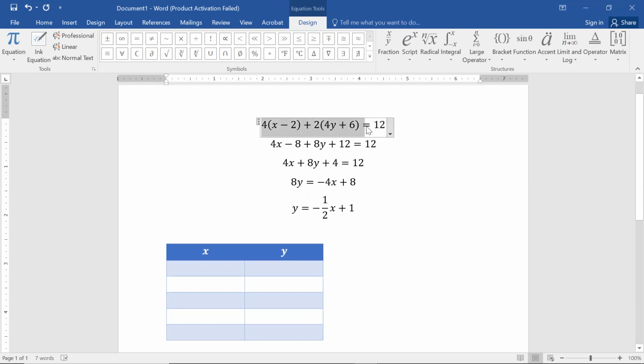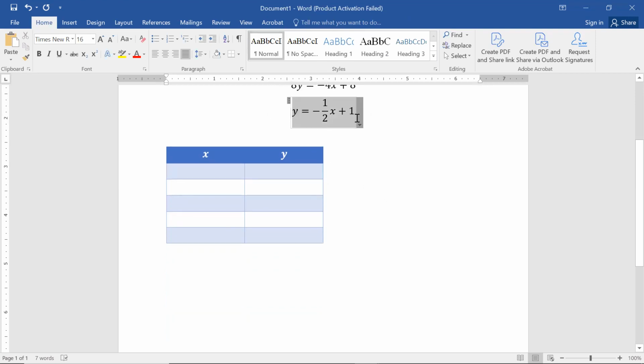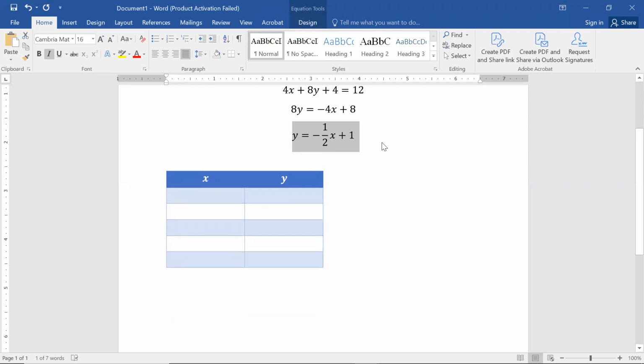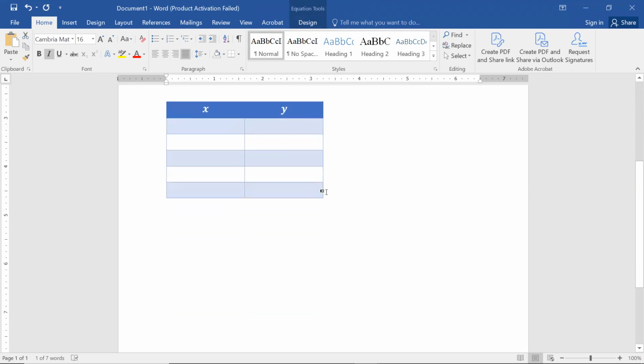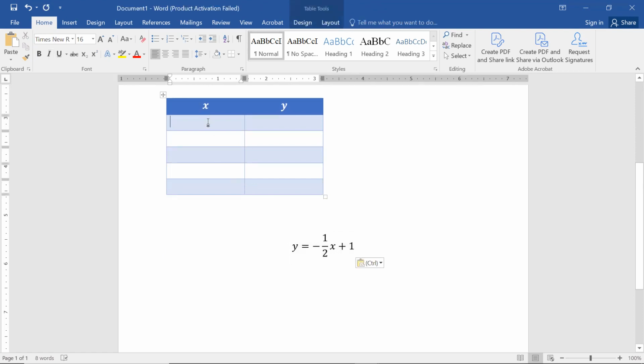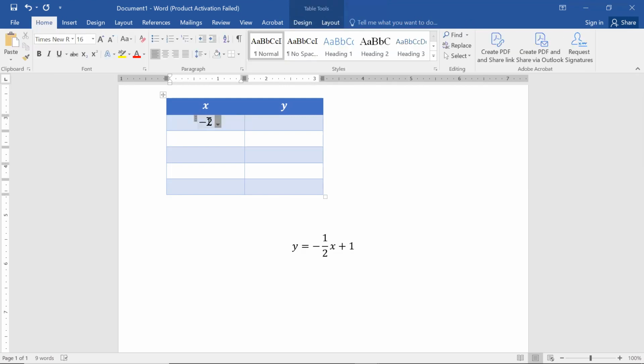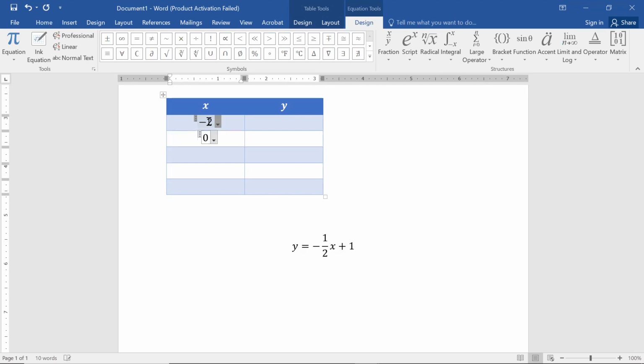So this original equation has the same solutions as this equation. That means I'm going to take y equals negative 1/2 x plus 1 and start plugging in various values for x.